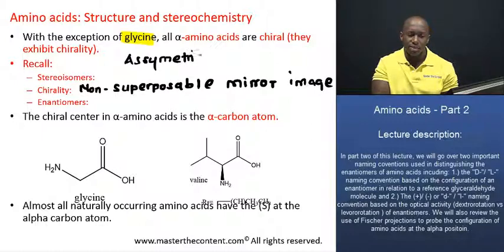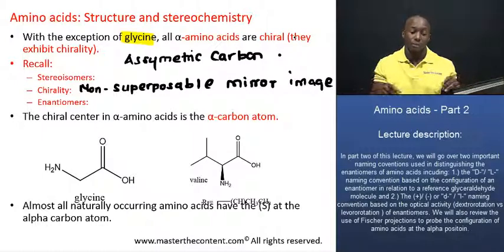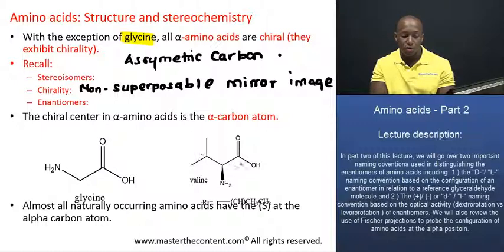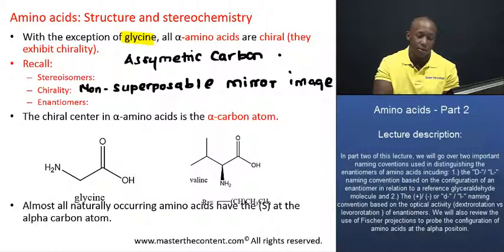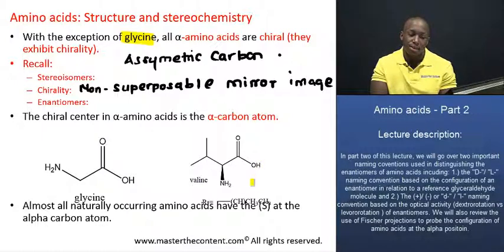So what is an asymmetric carbon? It's a carbon that is bonded to 4 different groups, and that's what we refer to as a chiral center or a stereogenic center. To illustrate this point, I'm going to direct your attention to the 2 amino acids at the bottom of the screen. In this case, our chiral center would be this carbon right here.